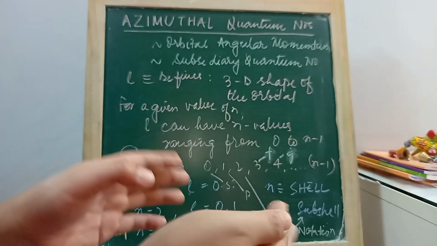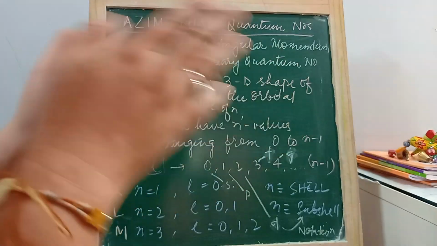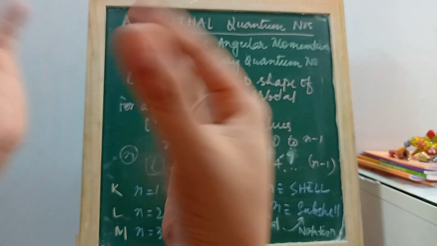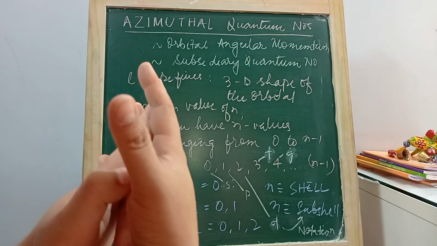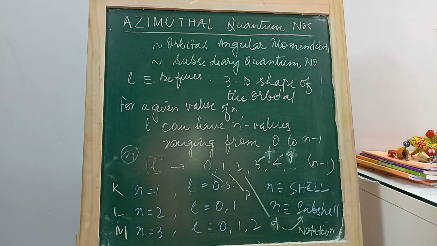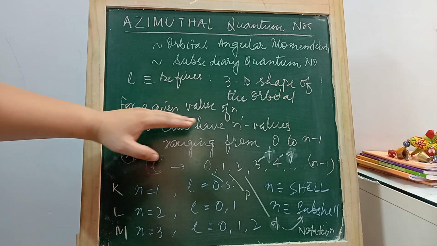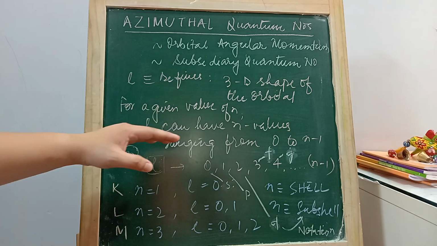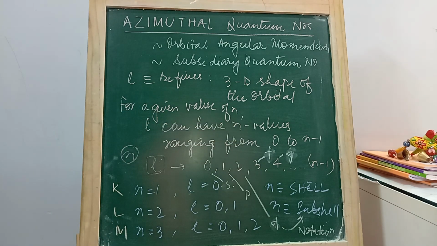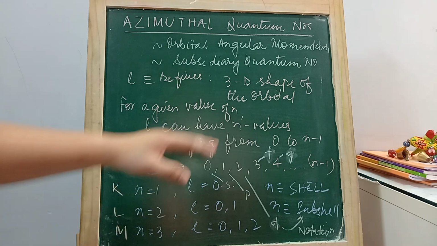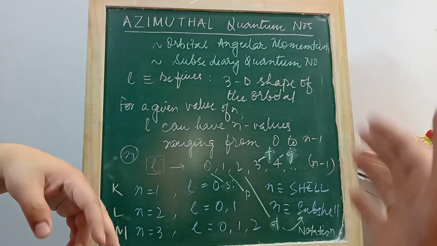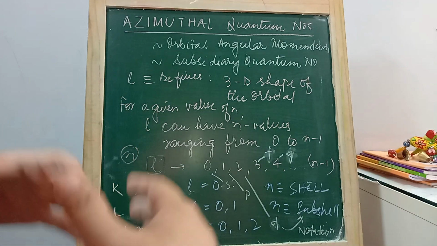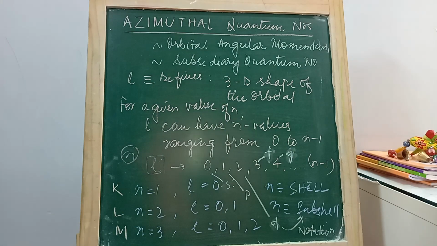And its value is dependent on the principal quantum number n, which determines the size, and the energy for a one electron system. So for a given value of n, the principal quantum number, l will have n values. n not only represents the size and the energy, it also represents the shell.